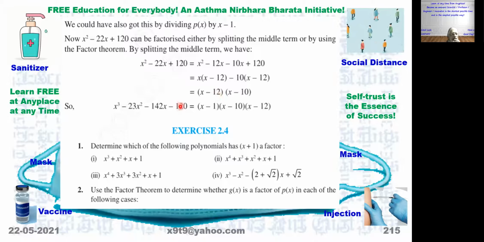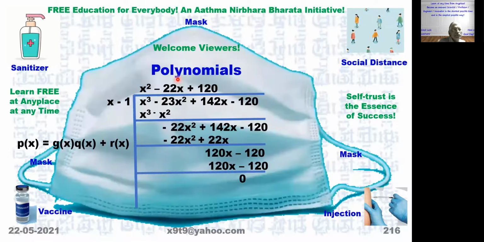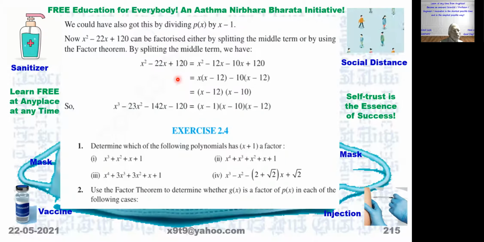Now, we have to work out the exercises given in the problem here, which use the ideas we have learned in the present chapter. Determine which of the following polynomials has x plus 1 as a factor.